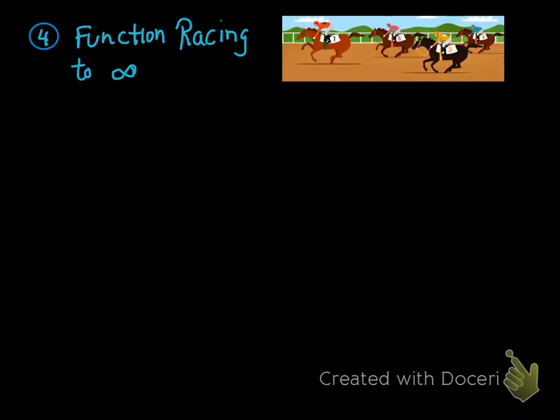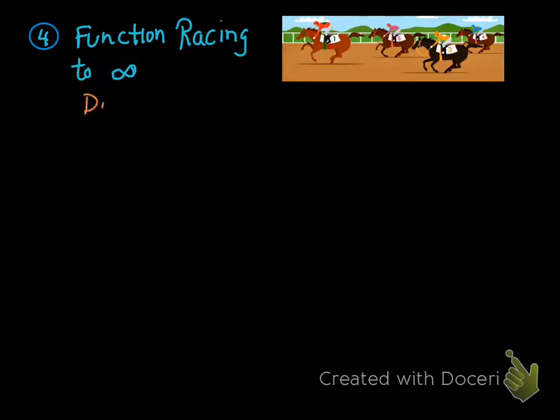Here comes number 4. This is function racing to infinity. And there are some students that haven't caught on to this. So there are different types of functions you should be familiar with, right? You have a natural log function, you have a linear function, you have a power function, you have exponential functions.